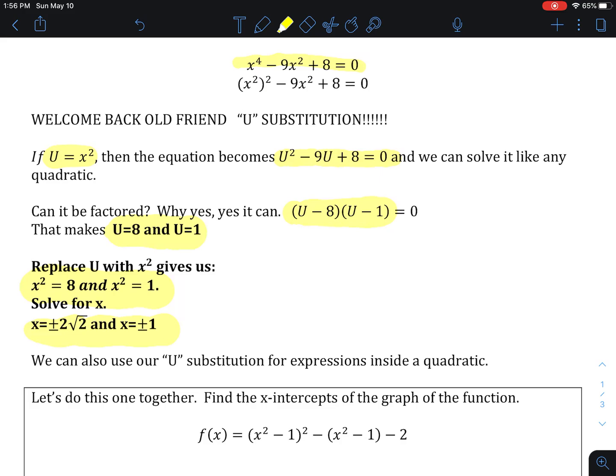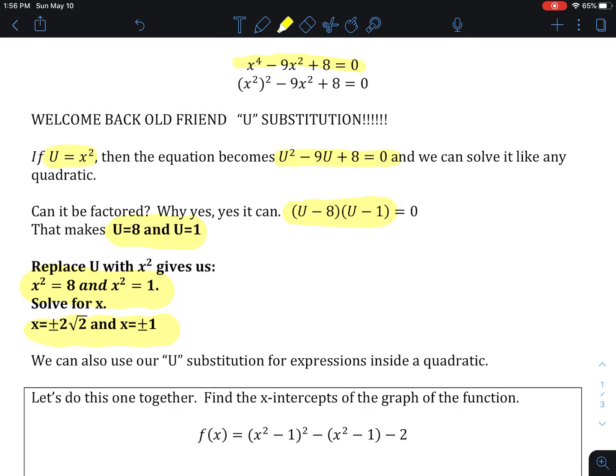This equation is a quartic, and so the maximum number of solutions, or zeros, that it can have is 4. And this one does have 4: positive and negative 2 square roots of 2, positive 1, and negative 1.